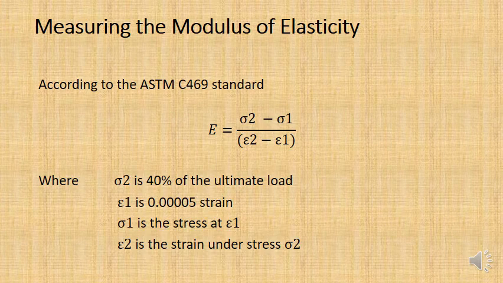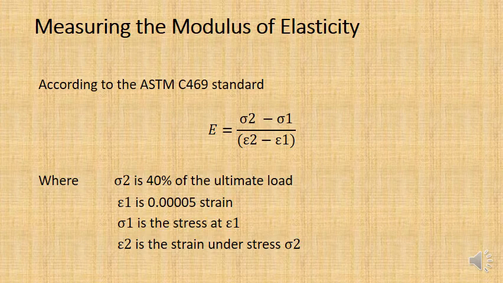We're talking a very small strain here. And epsilon 1 is the strain when sigma 1 is the stress, and epsilon 2 is the strain when sigma 2 is the stress.